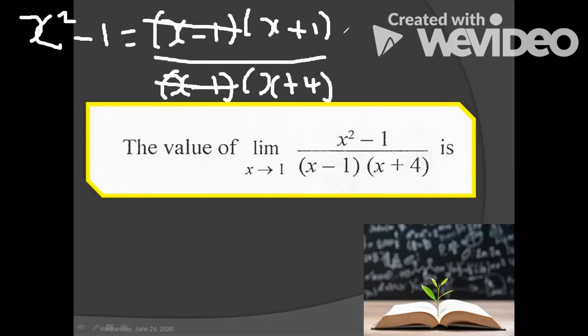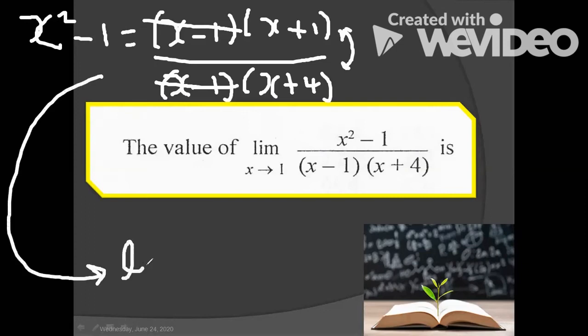Now notice that these two cannot cancel, so we're going to use direct substitution. As x approaches 1, we replace x with 1 in this expression.